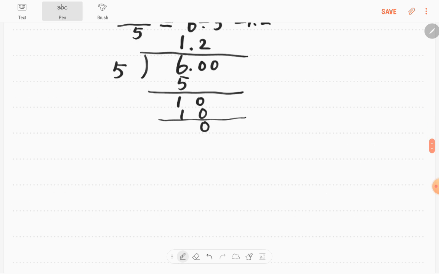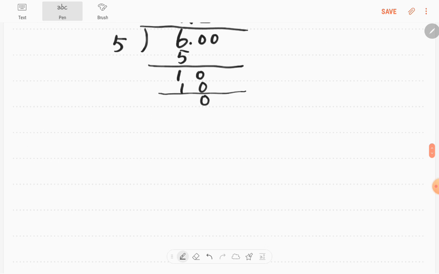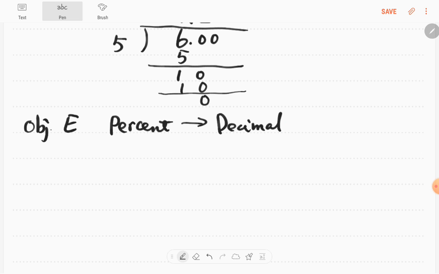Okay, the last objective, E, is about percent to decimal, and going back, decimal to percent.